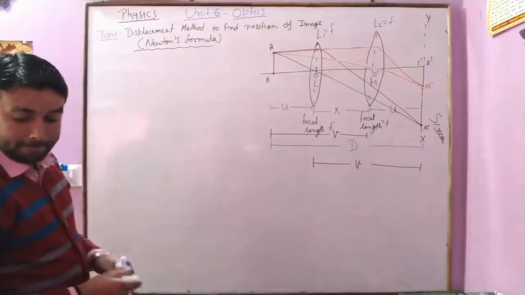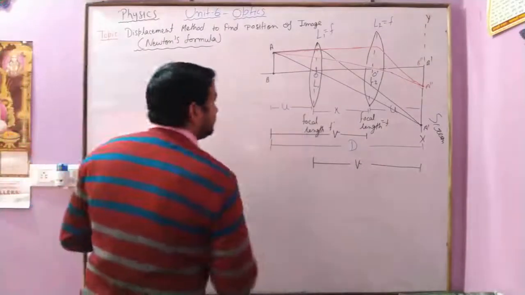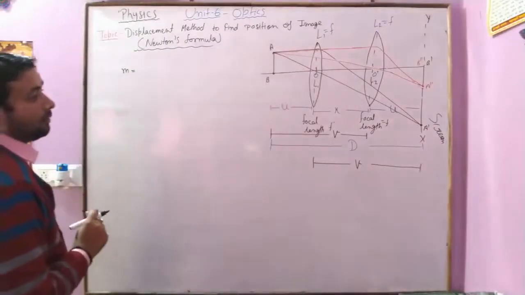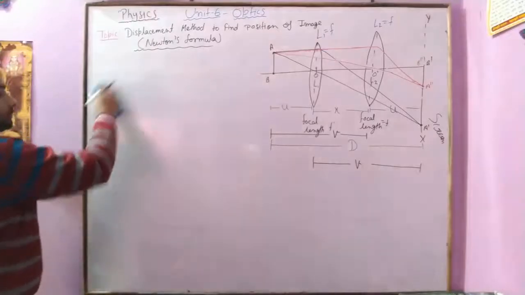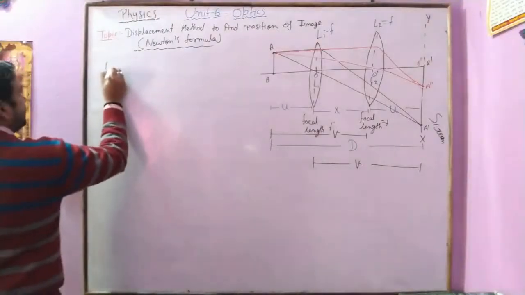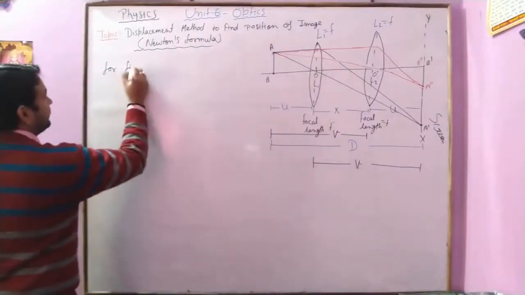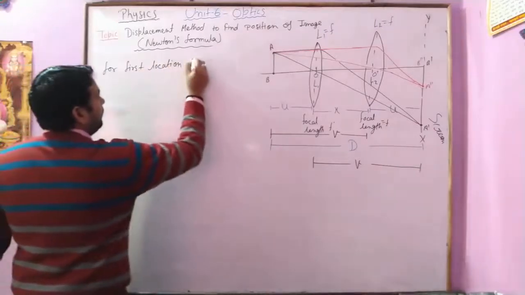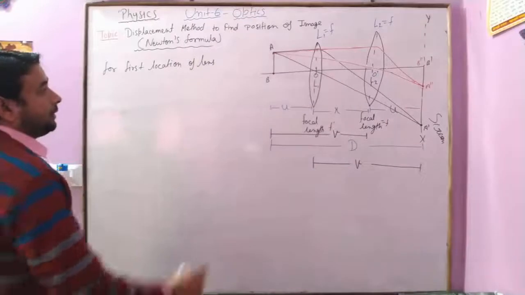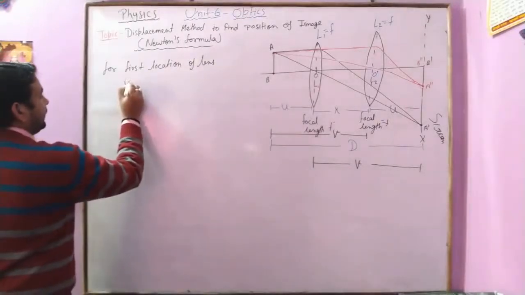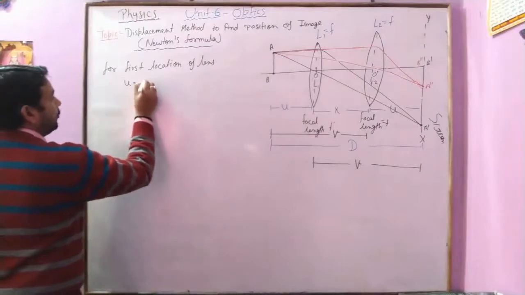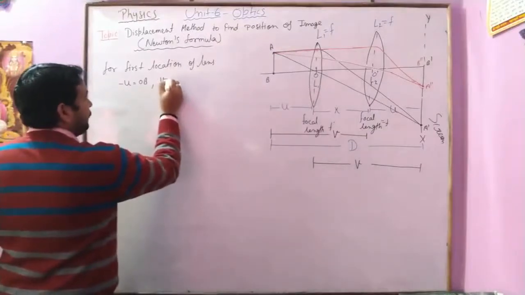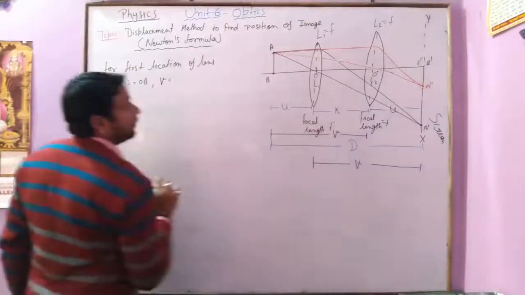We know the magnification. Condition for the first location of the lens: the object distance u is OB, which is negative, and the image distance is v, which is OB dash.